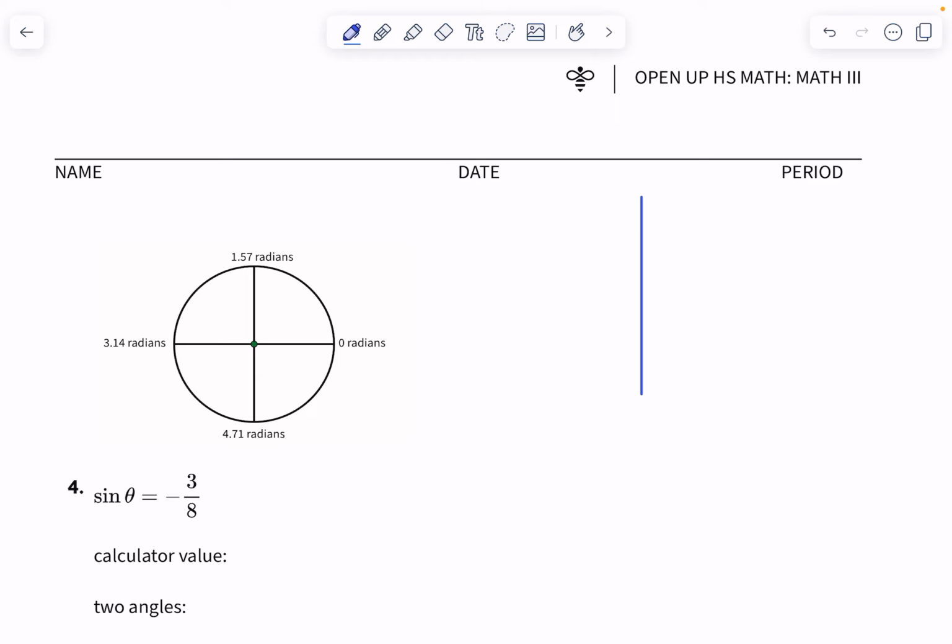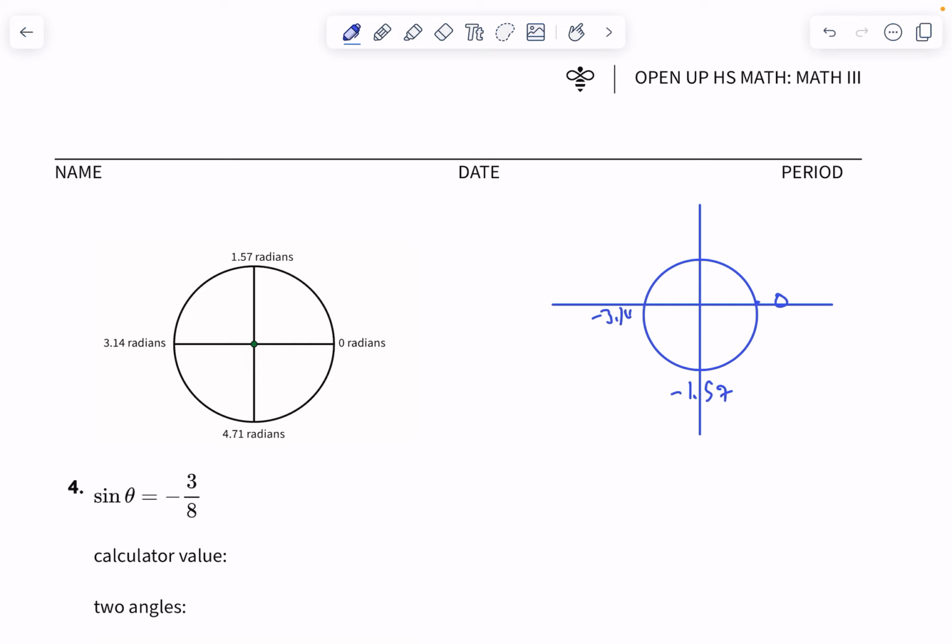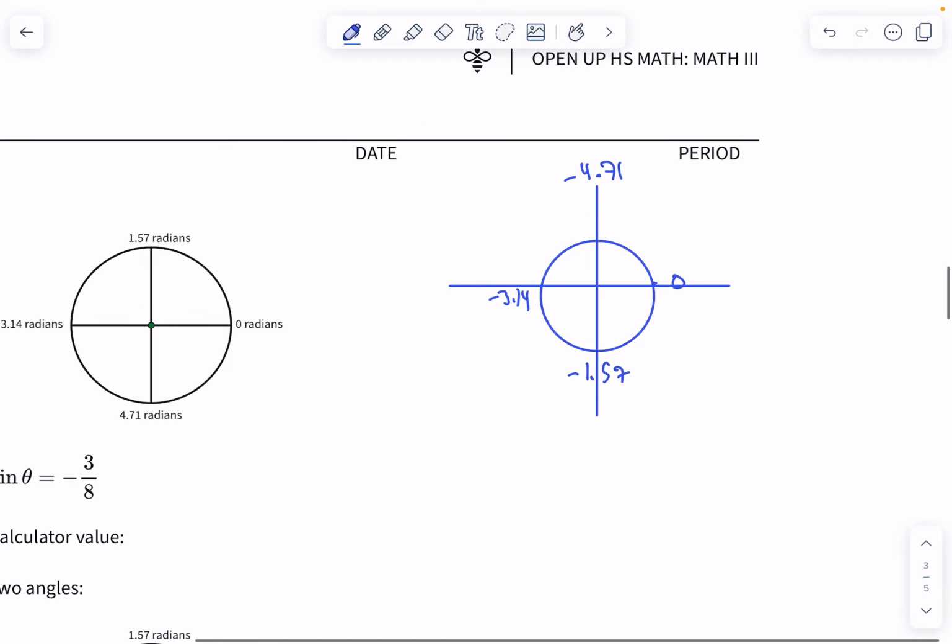Because if I go clockwise, you'd get something like this. So going clockwise, this would still be 0. This would be negative 1.57, this would be negative 3.14, negative 4.71 if I was going clockwise, right? So I should be somewhere here, okay?